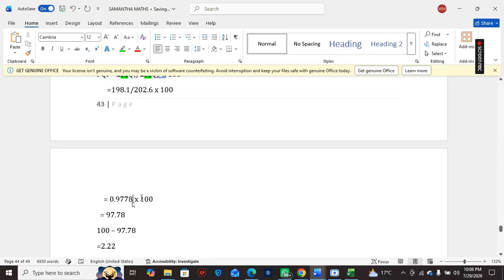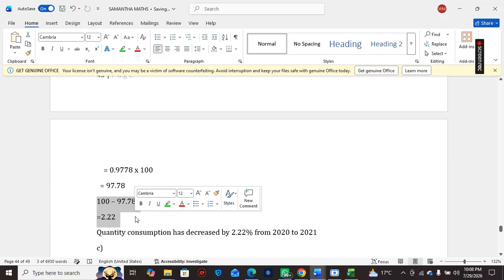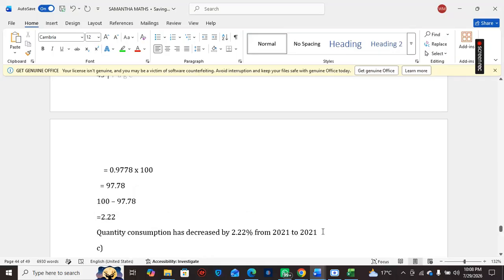Multiply that by 100, 97.78. So this index number is less than 100. To find out the drop in quantity, 100 minus 97.78 gives 2.22, which tells us quantity consumption has decreased by 2.2% from 2021 to 2022.